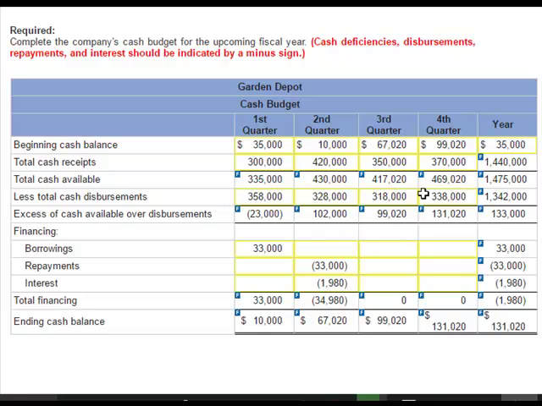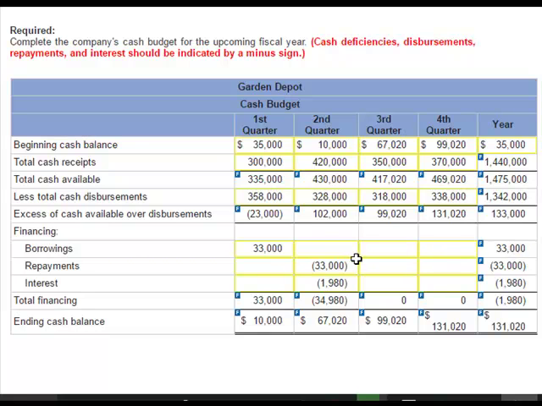We will, however, add across our total cash disbursements for each quarter and put the total here. And then to get this amount, the excess of cash available over disbursements for the year, we're going to take the $1,475,000 and subtract the total cash disbursements.